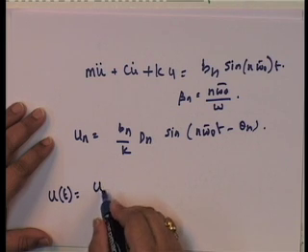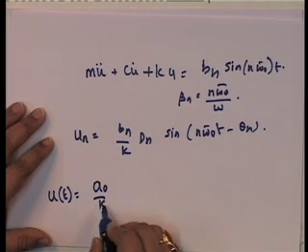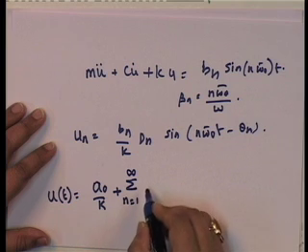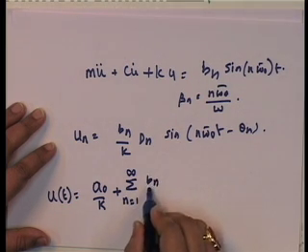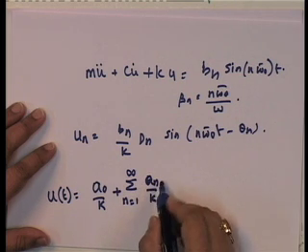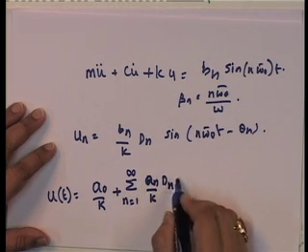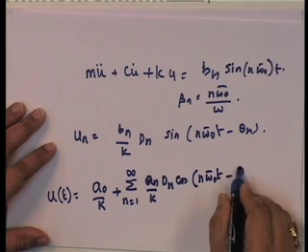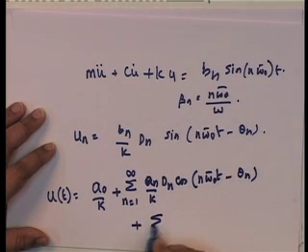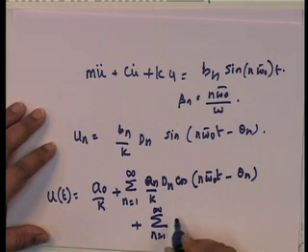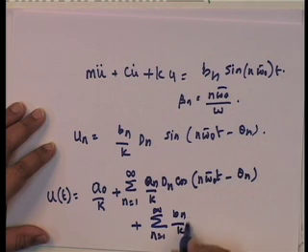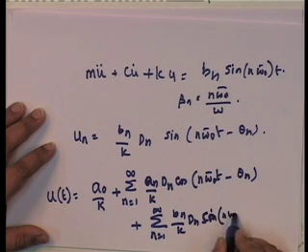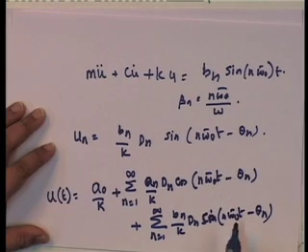So, u of t is equal to A 0 upon k plus summation n going from 1 to infinity A n upon k into d n cosine n omega 0 t minus theta n, plus summation n going from 1 to infinity B n upon k into d n sine n omega 0 t minus theta n.